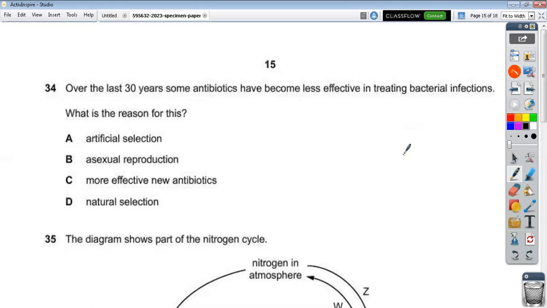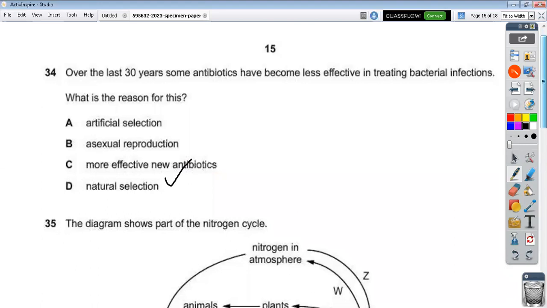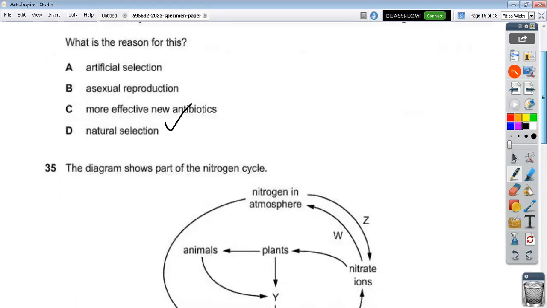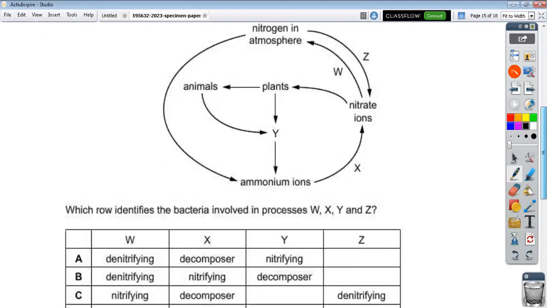That is D? Natural selection. Yes, that's the best answer then. The bacteria become less susceptible to antibiotics because the bacteria can mutate, they change, and the antibiotics become less effective over the years.